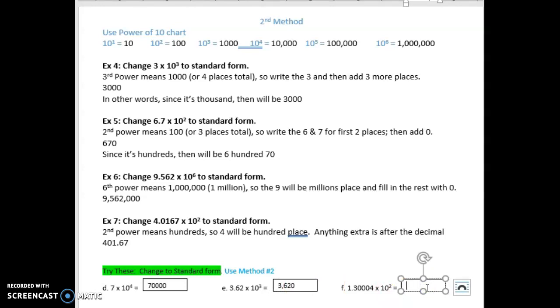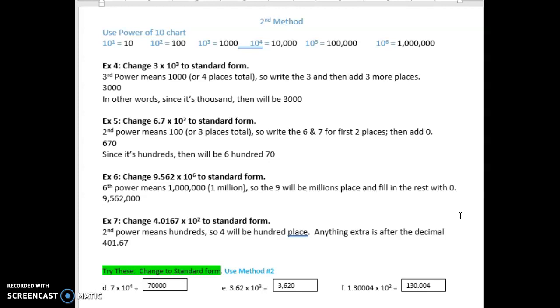1.30004 times 10 to the power of 2. Anything 10 to the power of 2 is 100, so I know this is going to be 130, and that anything behind the decimal stays the same. 130.004. So that is how we go from scientific notation to standard form.